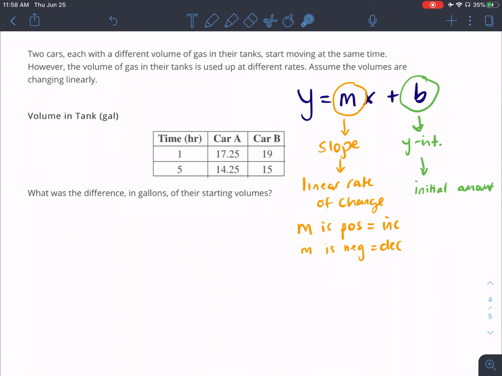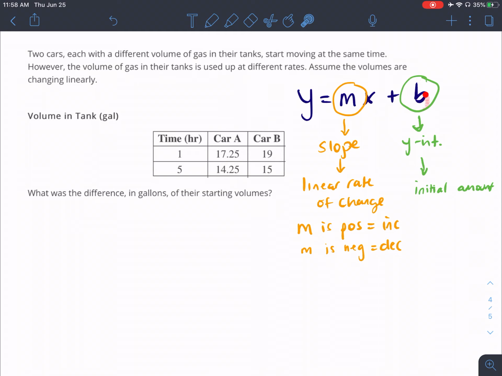And so this question is asking us, what is the difference in gallons of their starting volumes? So for car A, how many gallons of gasoline did we have? And for car B, how many gallons of gasoline did we have? Notice that because it's asking us for our starting volumes, it's really asking us to compare the initial amounts that they started with. So we can find the initial amounts using how the gas is changing per time using a linear function.